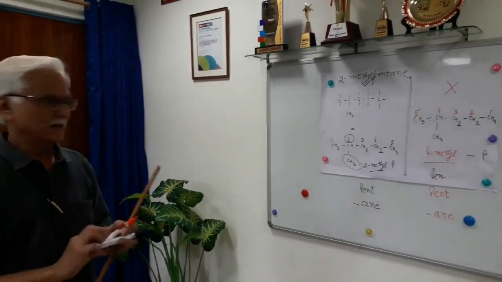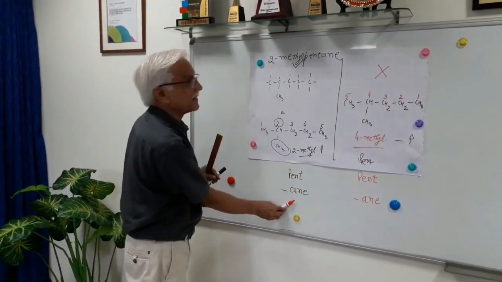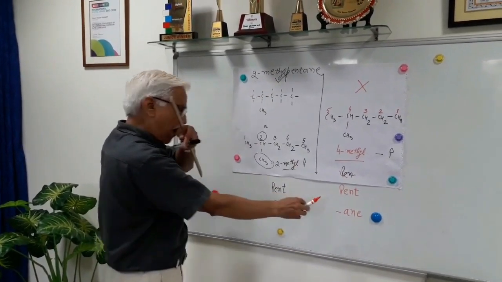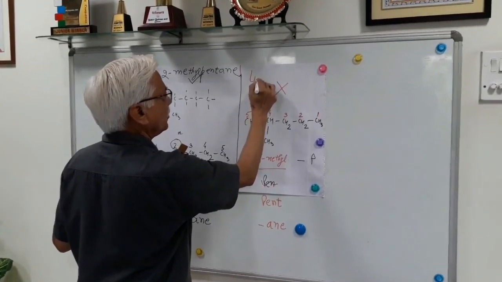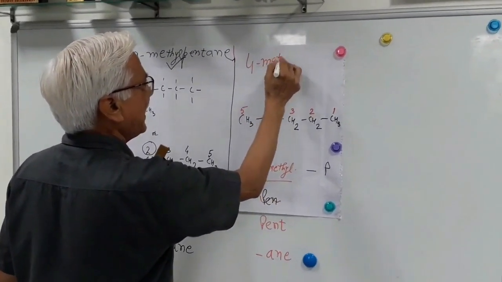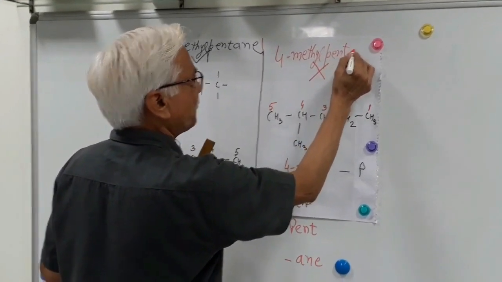Am I right? These 3. 2-methylpentane. What is here? 4-methyl, root word pent, suffix ane.